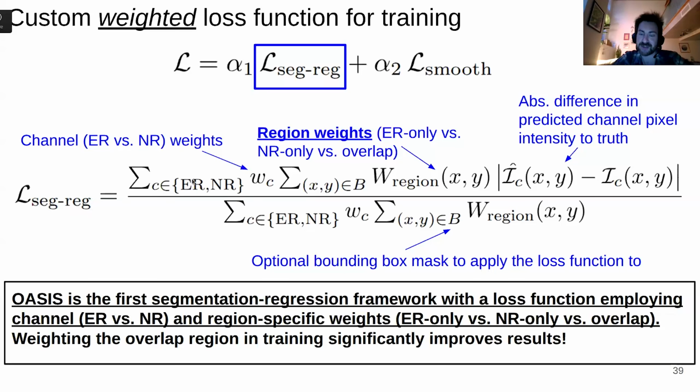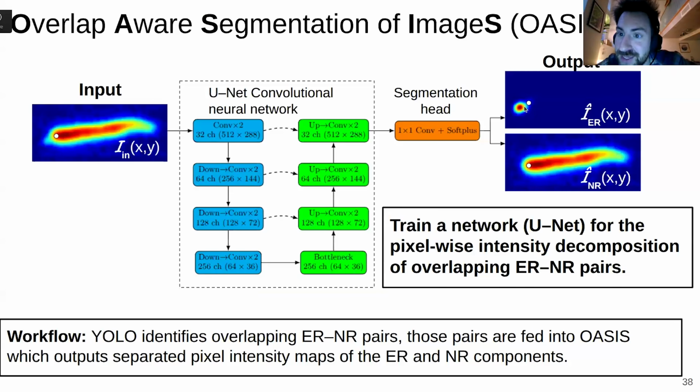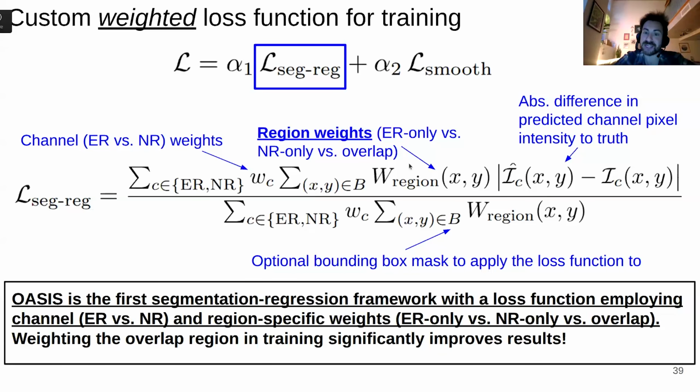That's what optimizes this function. And what we add in, this is the novel part, are region-specific weights. In your training data, if a pixel has both electron recoil content and nuclear recoil content, we call that an overlap pixel, and we weight those heavily in our training. So we try to optimize the pixels that are in our overlap region.